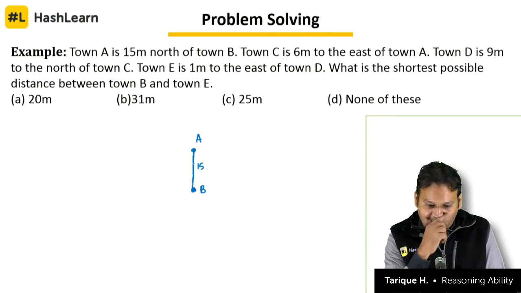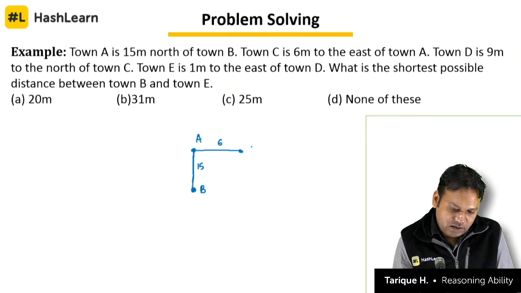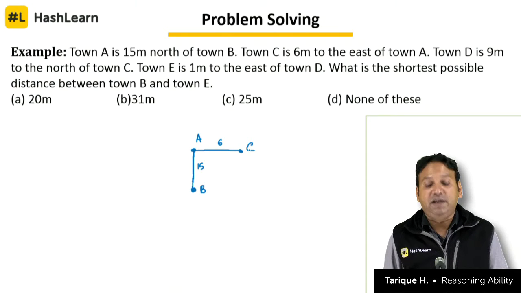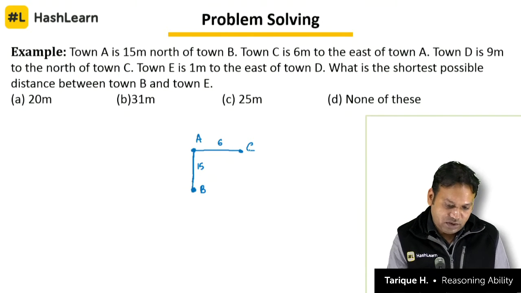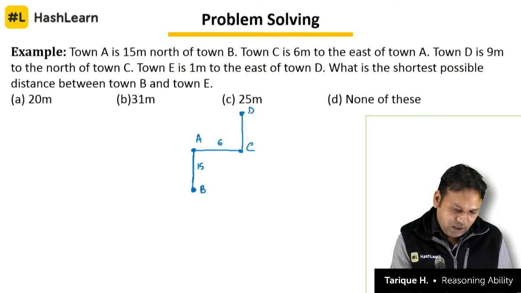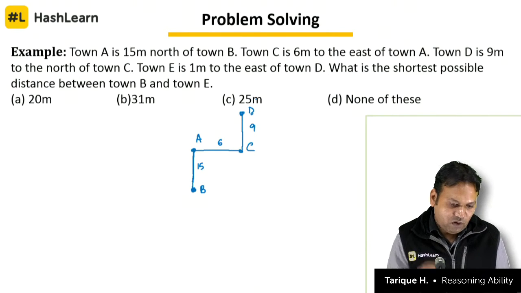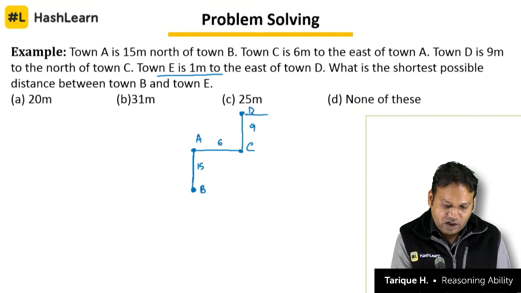Now town C is 6 to the east of town A, so this is 6, and this is town C, which is 6 to the east of town A. Town D is 9 to the north of town C, so this is town D, and town D is 9 to the north of town C. Town E is 1 meter east of town D, so this is E and this is 1 meter.